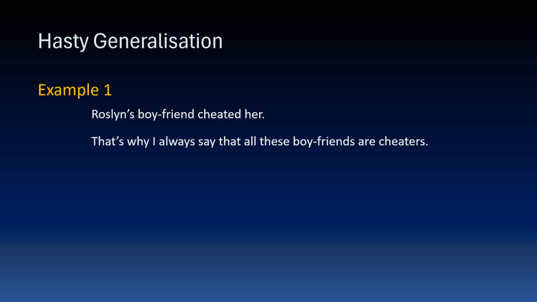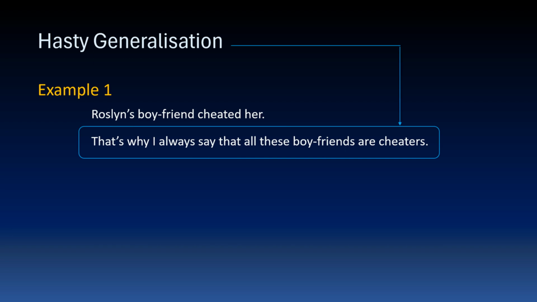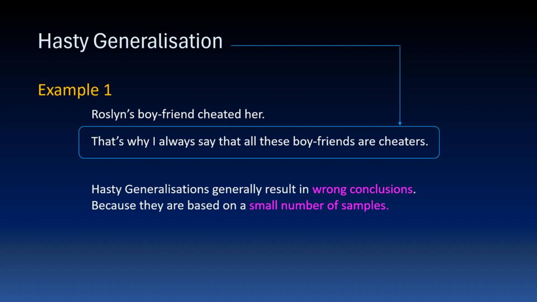Just because Rosalind's boyfriend cheated her, how on earth can somebody conclude that all boyfriends are cheaters? That is absolutely a wrong conclusion. Conclusions of this type are called hasty generalizations. Hasty generalizations generally result in wrong conclusions because they are based on a small number of samples.